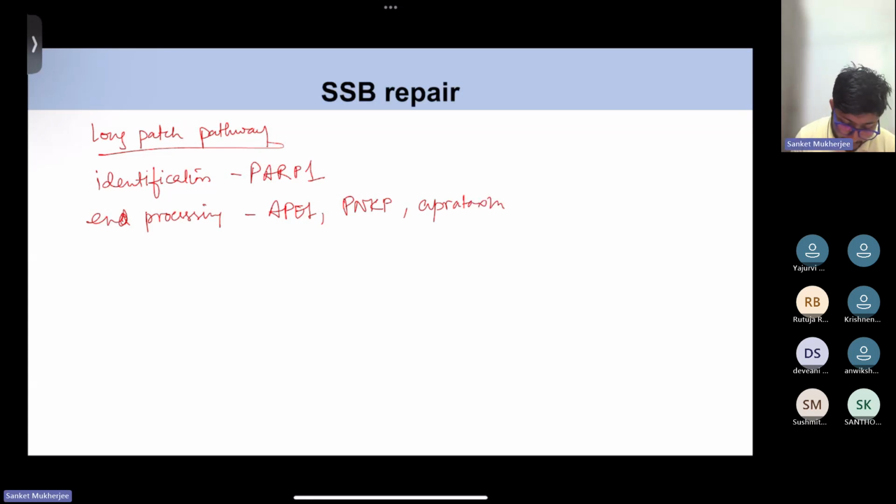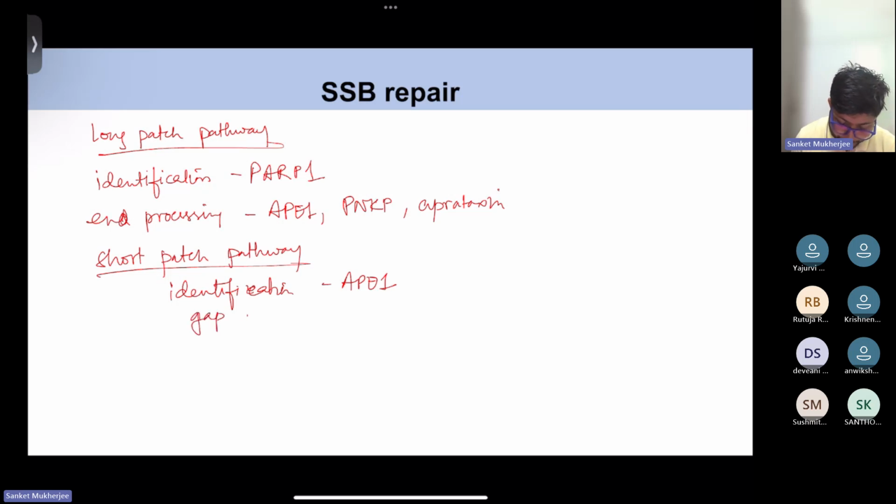In case of the short patch pathway, identification is through APE1, and then there is gap filling and ligation.